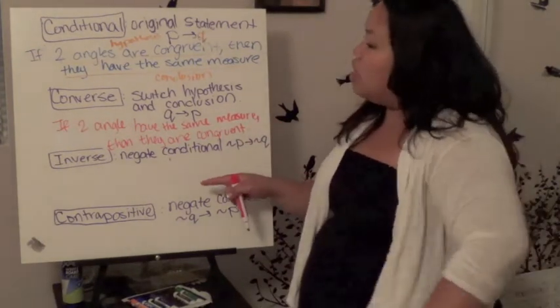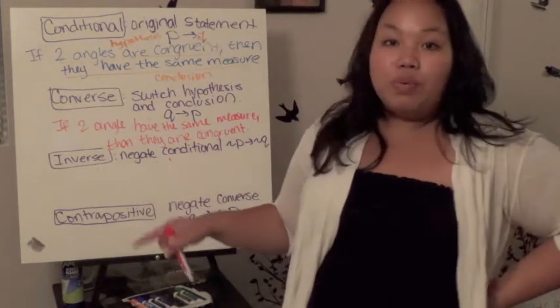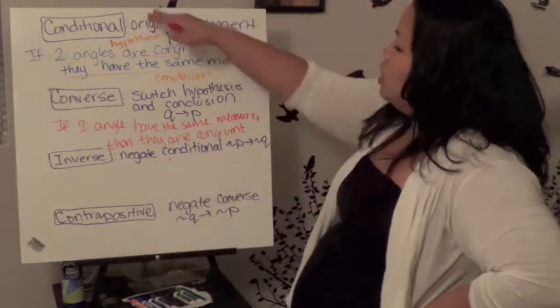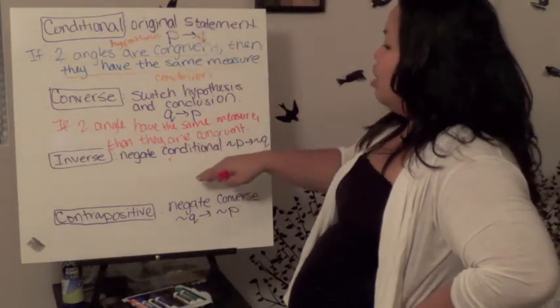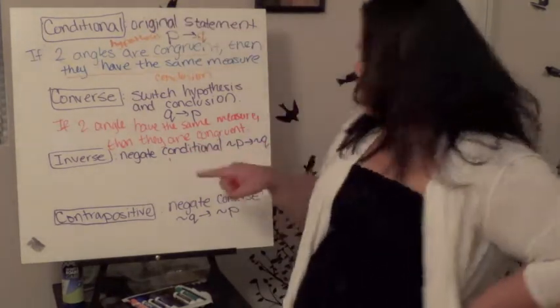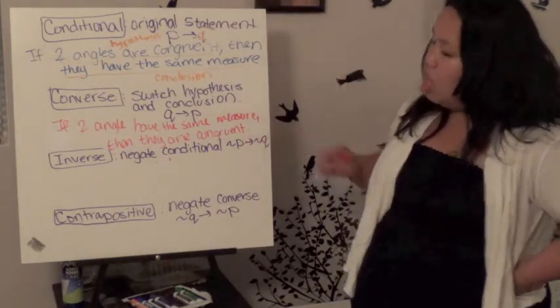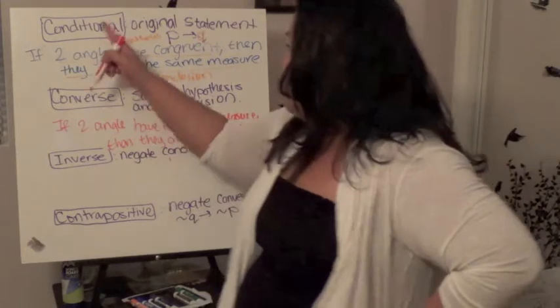Alright, so in the inverse, basically what we're going to do is take our original conditional statement and negate it. Remember, negate has that squiggly line. So I'm going to take P then Q, but I'm going to put not P then not Q. So I'm going to go back to the original.